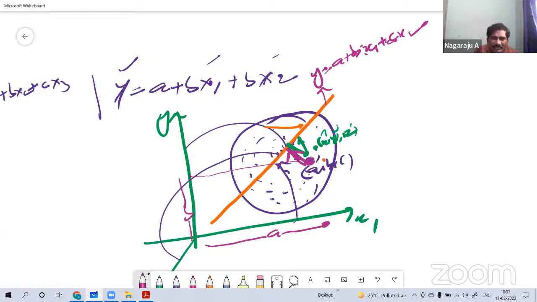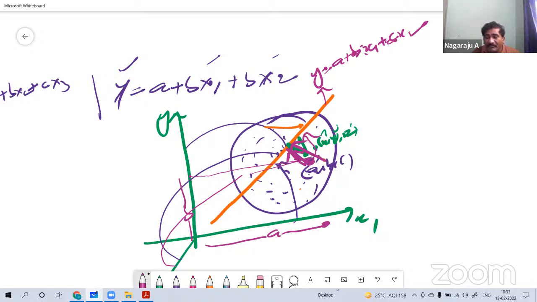I want to pull onto that, and the z-axis also has some distance. I want to pull onto that. This is called plane observations.